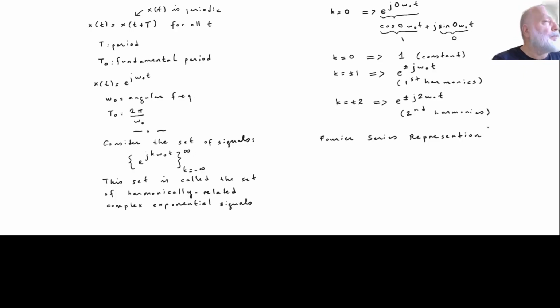And it is the following. Our claim is the following. This is one of the most remarkable results, not only in signal theory but in the history of mathematics. It is one of the most important and remarkable results.